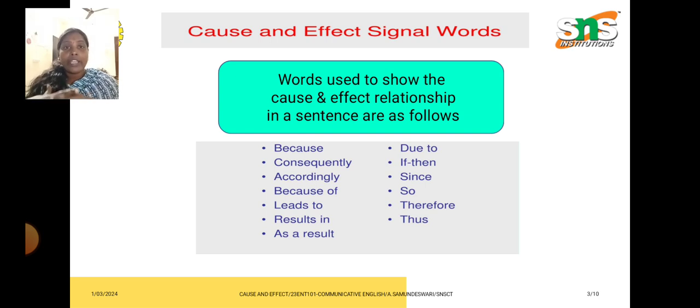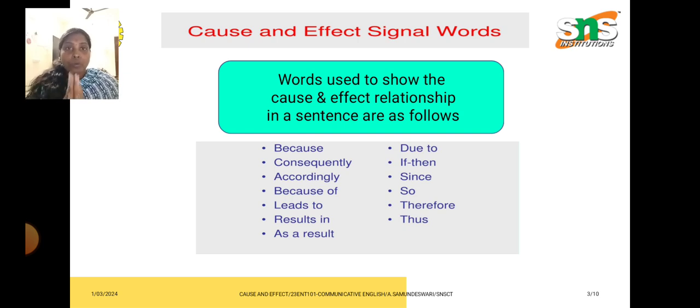Actually, you can have two separate sentences, and they might ask you to connect the sentences by using the suitable expressions.